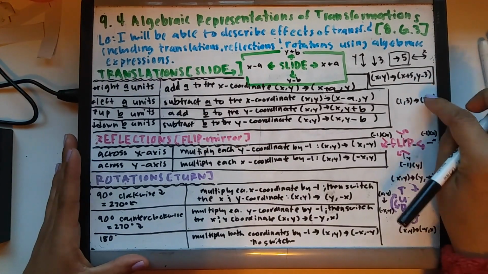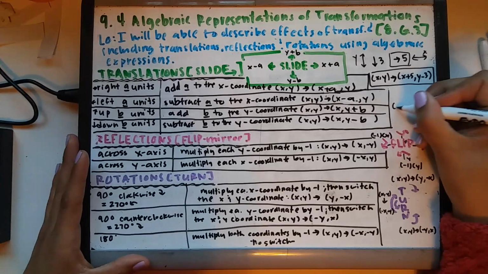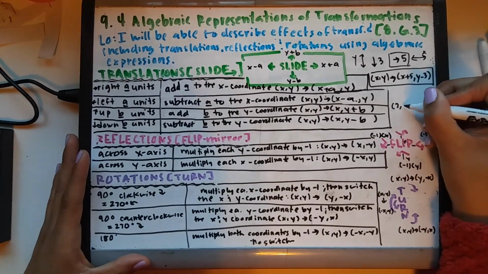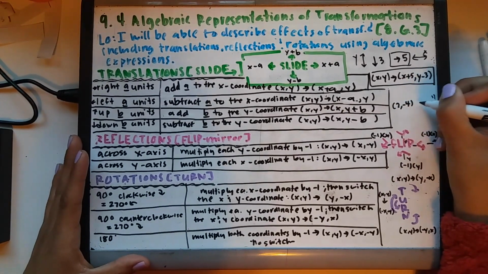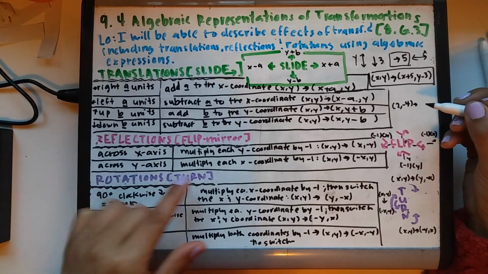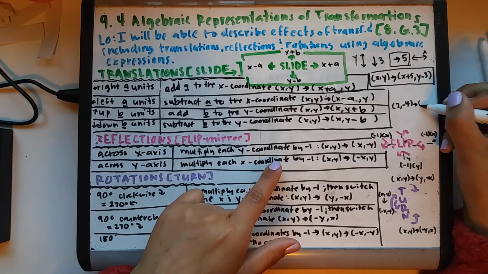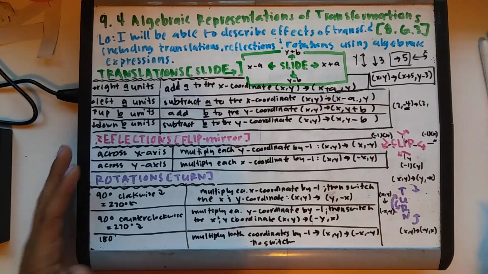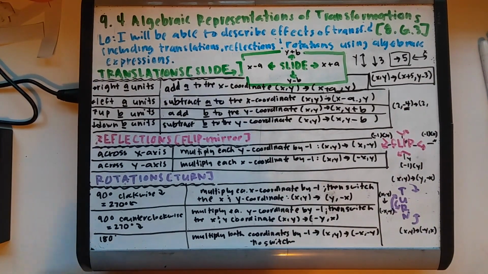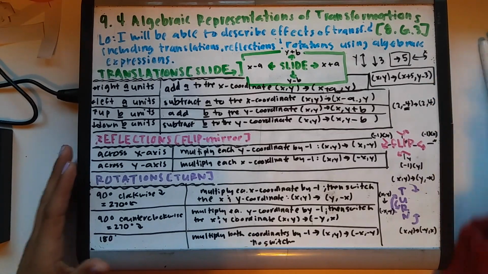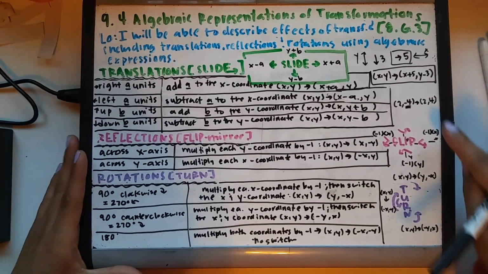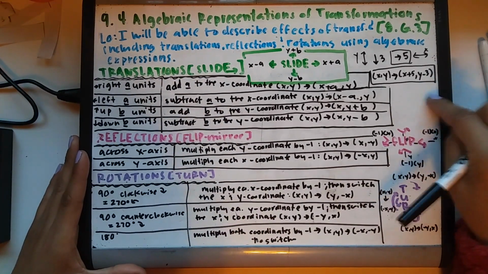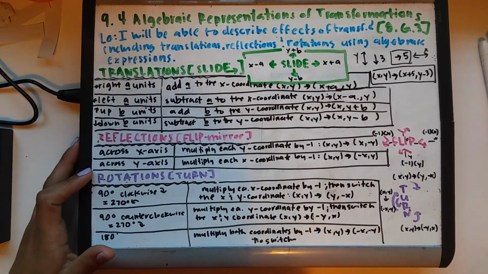Now if you have another point that is (2, -4), again, across the x-axis, I'm going to keep my x the same, but I'm going to multiply my y times -1, so that makes it opposite, so it's going to be 4. So that's if I do it across the x-axis.